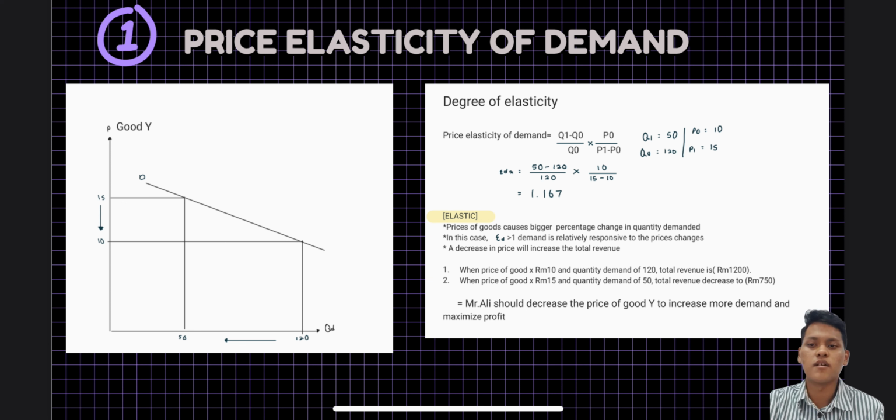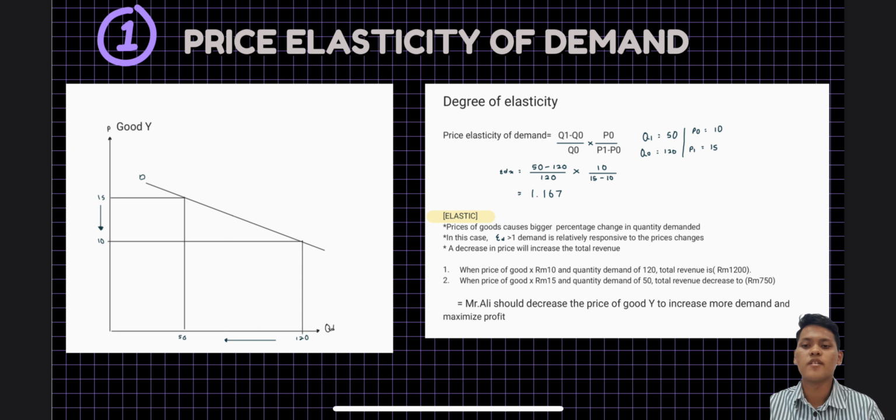Next, we go to the graph of good Y, where the degree of elasticity for good Y is 1.167, which is elastic. A change in price of good Y causes a bigger percentage change in quantity demanded. In this case, demand is relatively responsive to the price changes. A decrease in price will increase the total revenue.